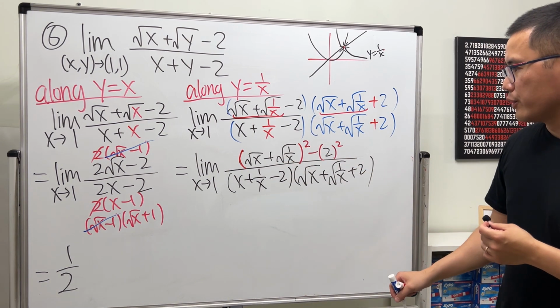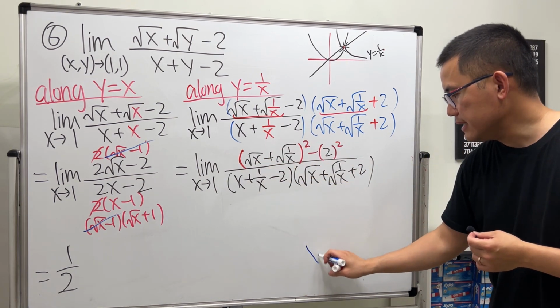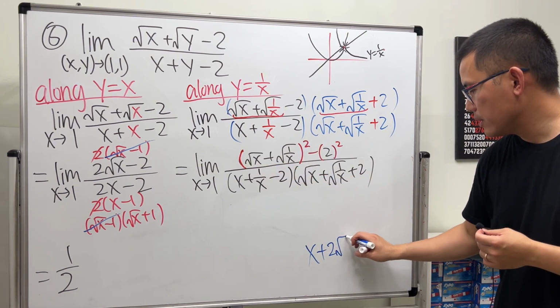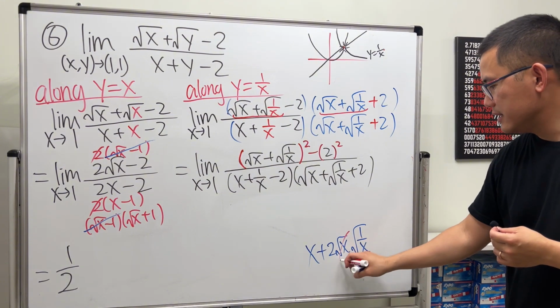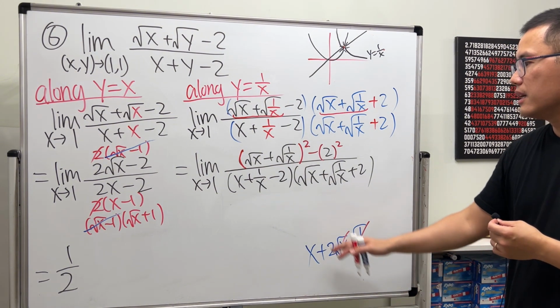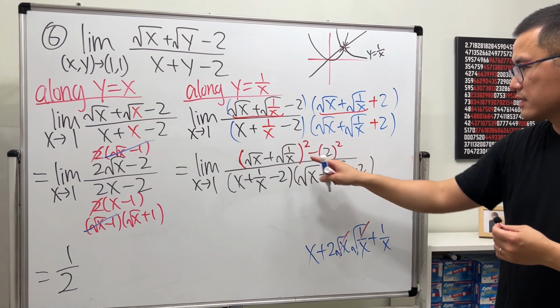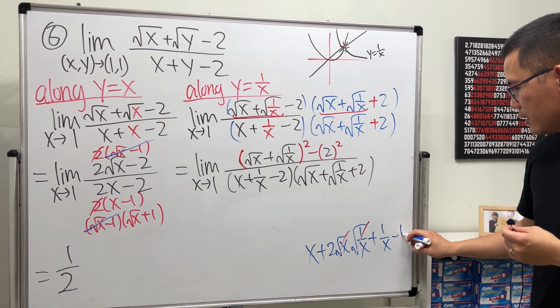So let me work out the top for you guys. This plus that, squared: we first do this square, which is x, and then we add 2 times this term times this term, which in fact cancel because it's just square root of 1 over square root of x. And then we add 1 over x, because that's the square of this. And then after that, we subtract 4.